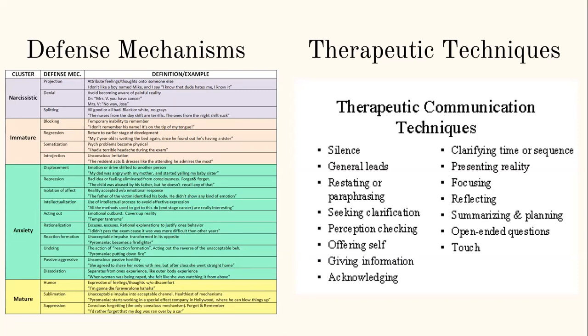Some non therapeutic communication techniques would be things like close ended questions, giving advice to our patients because that limits their ability to make those decisions for themselves. And when we're engaging in communication with our patients, we want to be aware of defense mechanisms. So, defense mechanisms are things that the patient can do that helps them avoid either dealing with something or talking about something, and they're broken into different categories.